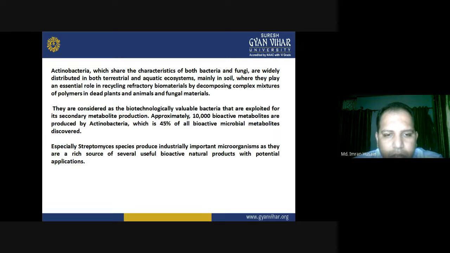So Streptomyces are also proven to be industrially important microorganisms, serving as a rich source of bioactive natural products with potential application. So this should be known: they do pack a heavy punch when it comes to the scope and research on medicinal compounds and secondary metabolites.